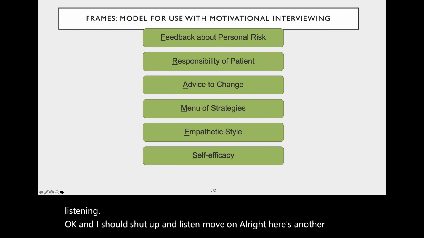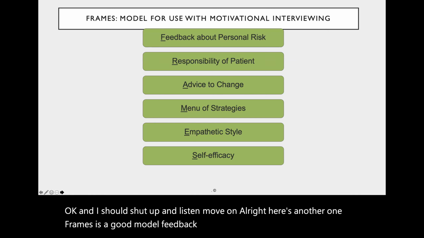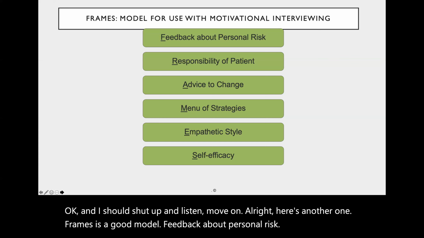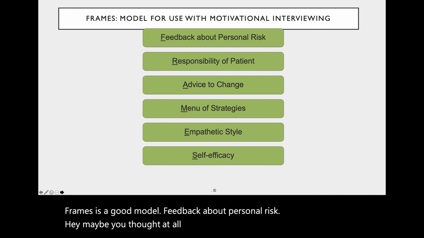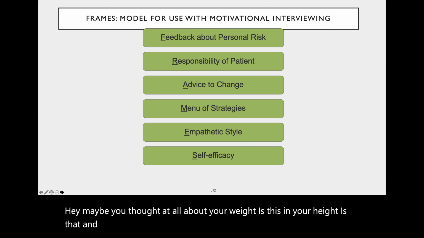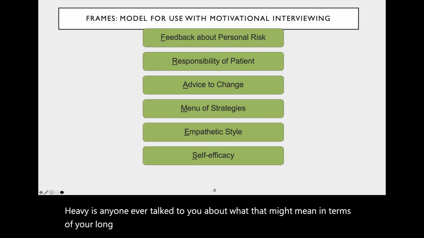FRAMES is a good model. Feedback about personal risk: Hey, have you thought at all about, your weight is this and your height is that, and these are the facts that we can see here today. Has anyone ever talked to you about what that might mean in terms of your long-term health? That would be feedback about your personal risk. I have some information.